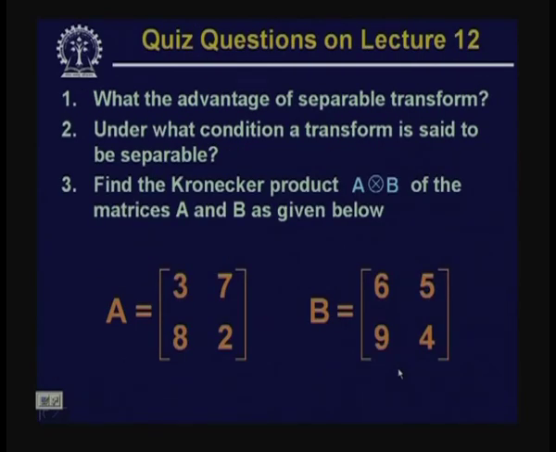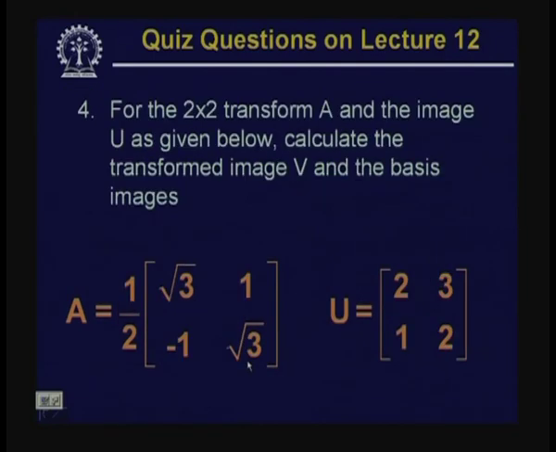Now, coming to today's quiz questions, the first question is, what is the advantage of separable transform? Second question, under what condition is a transform said to be separable? The third question, here we are given two matrices A and B. You have to find out the Kronecker product of the matrices A and B. The fourth one, here we have given two matrices.